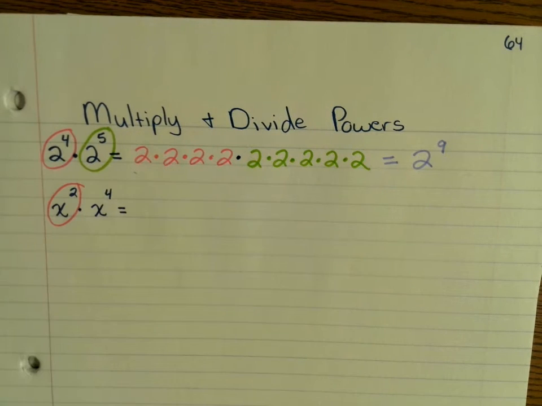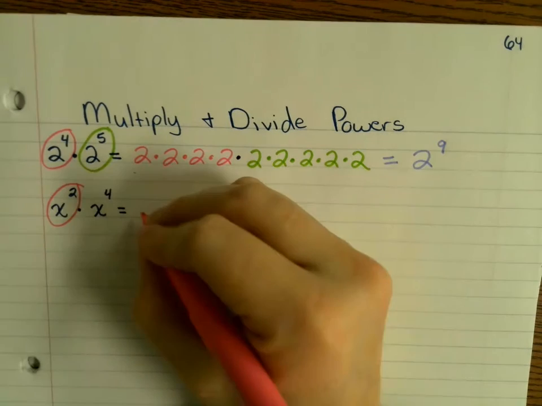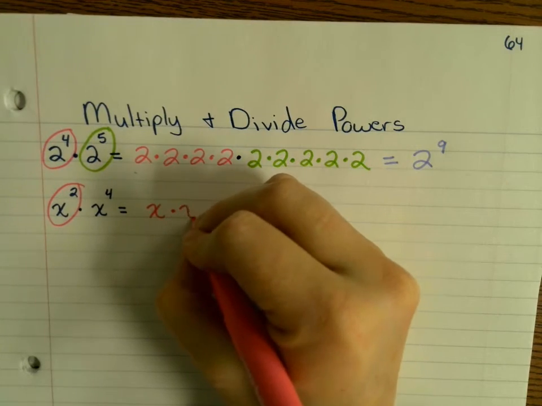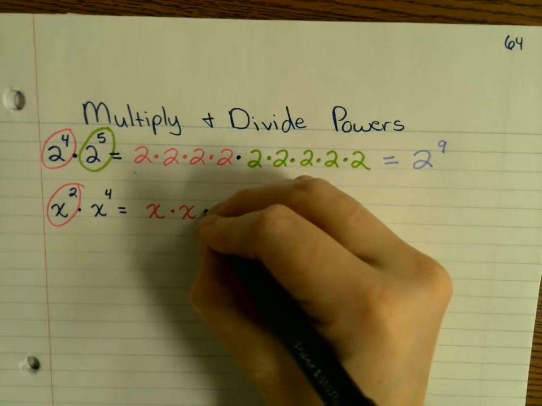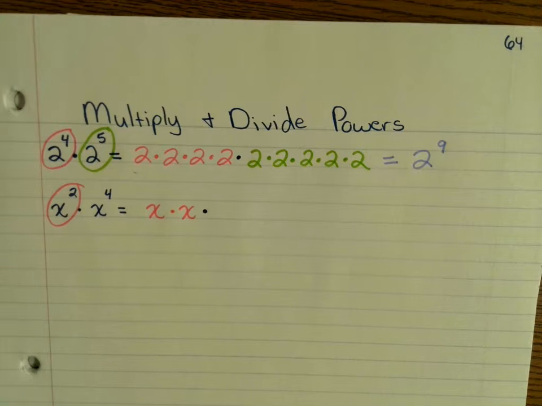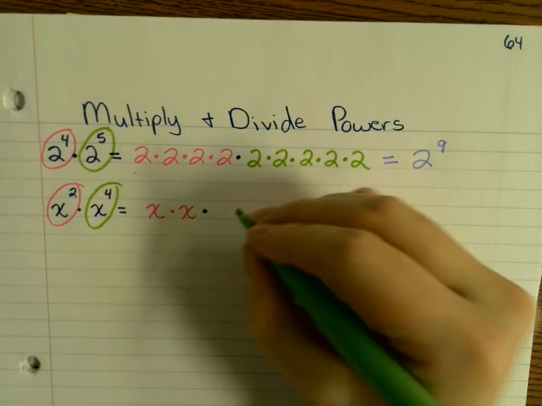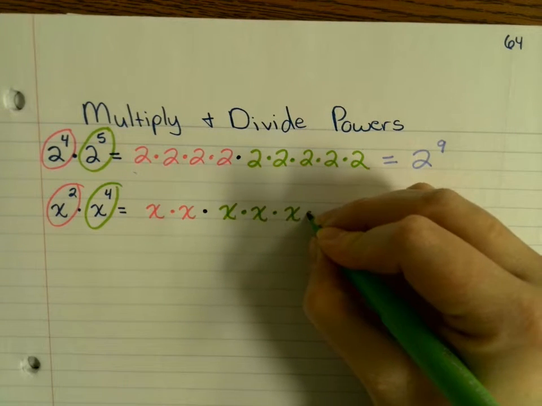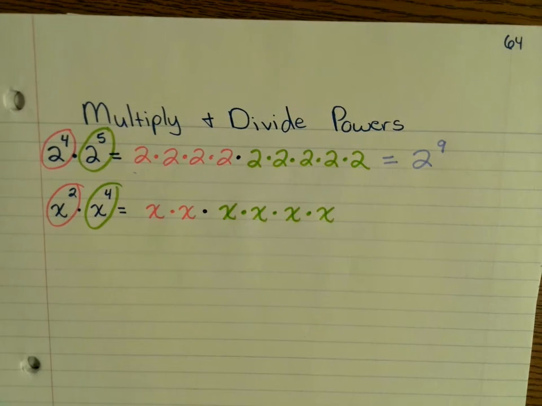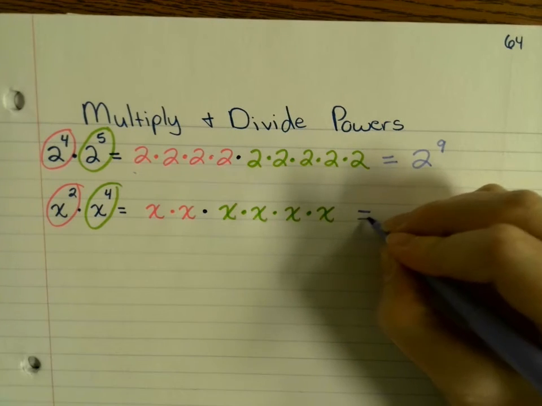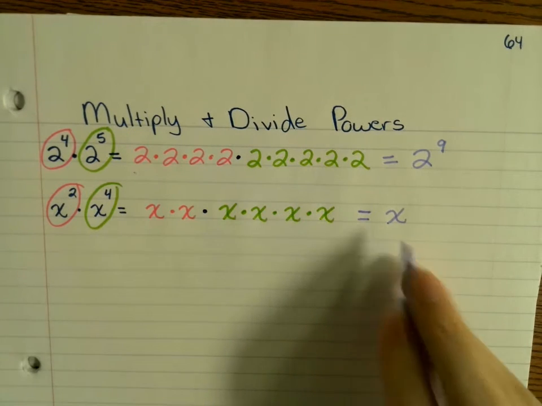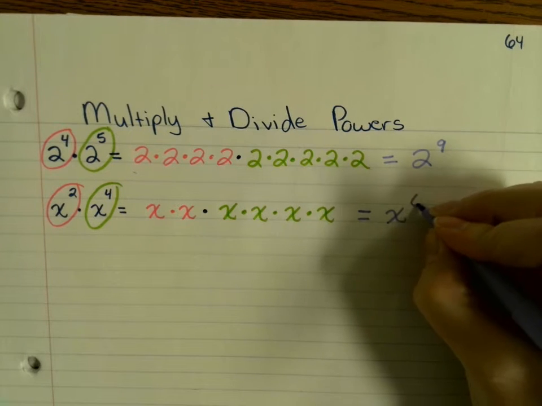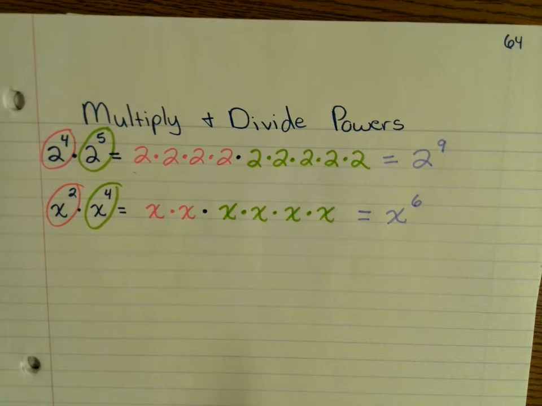If we were to expand it, that would be x times x, and then we're going to multiply it by the expanded form of x to the 4th power, which is x times x times x times x, and then that would give us our base being x, and what would our exponent be? 6, right? So, seems simple enough. Hey, I just expand it and then recalculate to find out what my exponent is going to be.